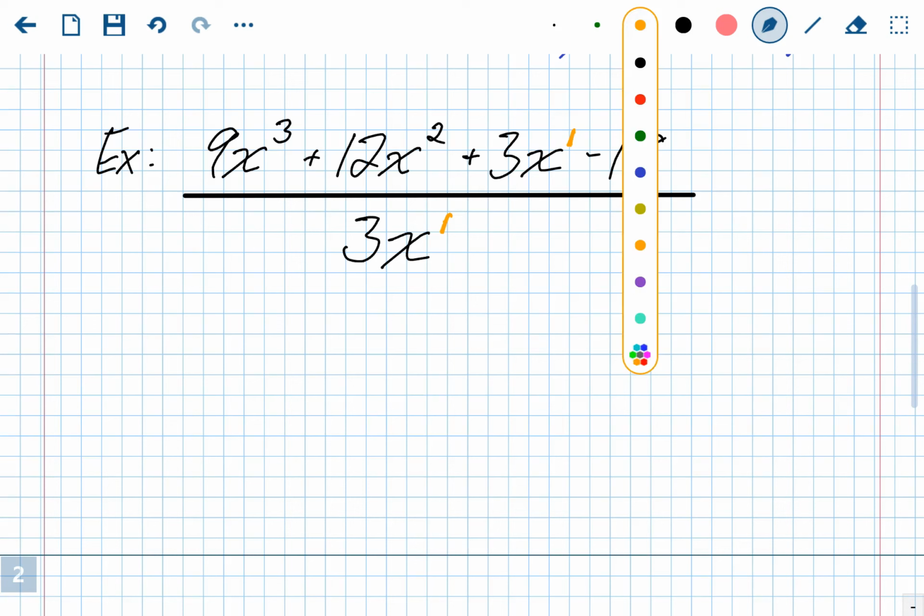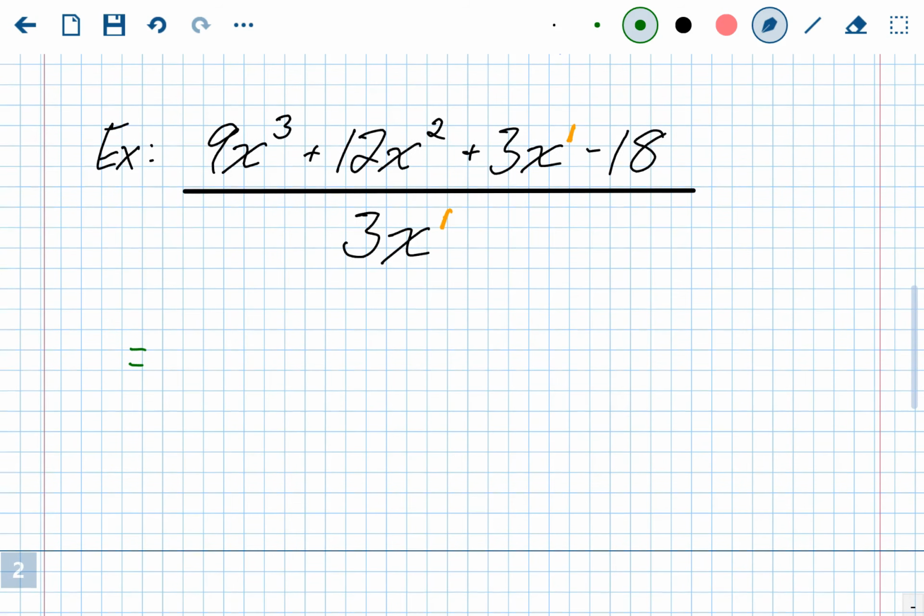I'm going to show all the steps, and if you could skip these steps, that's fine. I'm going to write them all out here for the notes. We are going to take each term on the top, and there's 4 of them, each term separated by an addition or subtraction. We're going to take each term on the top and separately divide it by the denominator, separately divide it by 3x.